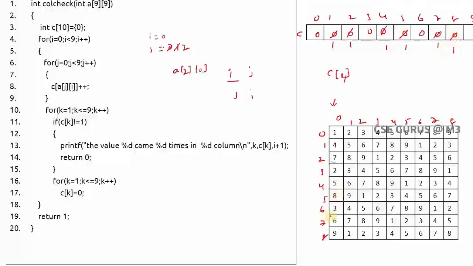So here it is 1. Next value 3, so c of 3 will become 1. Next value is 7, a of ji is 7 0, that is 6, so it will become 1. The final 8 0, which is 9, c of 9 will become 1.